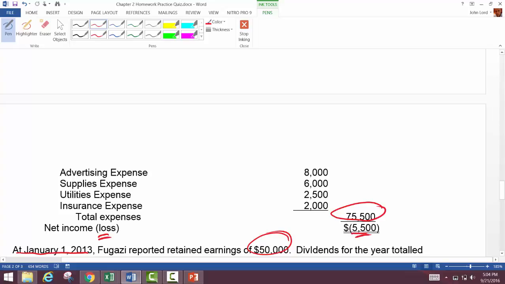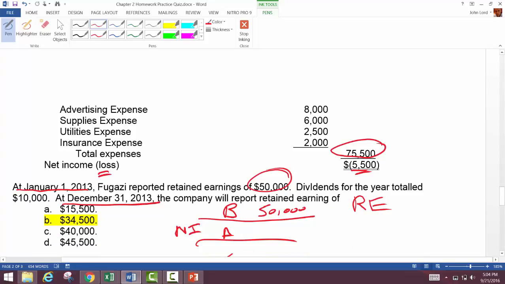Since they have a loss, that's actually a subtract from the retained earnings, right? I wrote it in the wrong place there. So that's actually not net income, but when it's negative, that's a loss of 5,500.